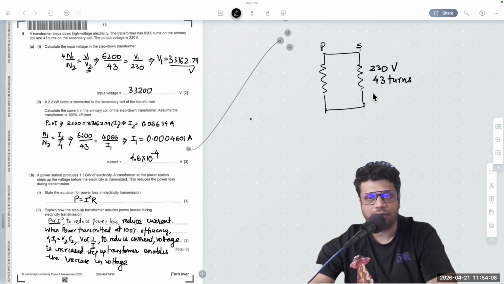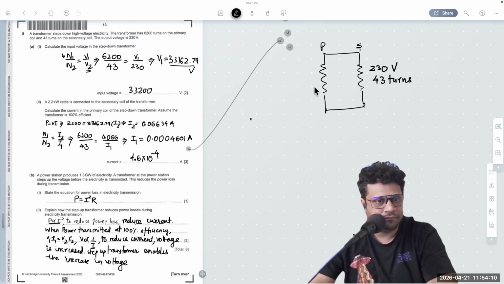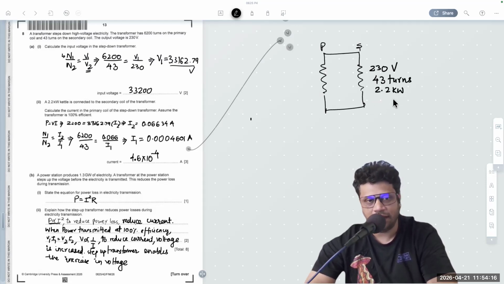What else do we know about the secondary coil? Yeah, there is a 2.2 kilowatt kettle connected to the secondary coil. And for the primary, we have already calculated the input voltage. It's 33,200, or to be exact, 33162.79 volts.